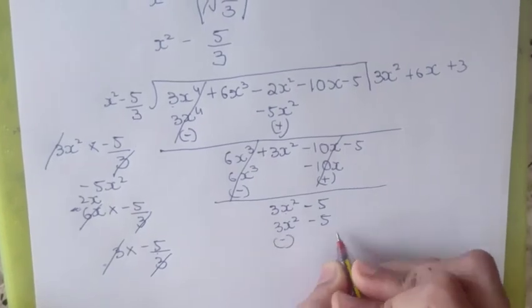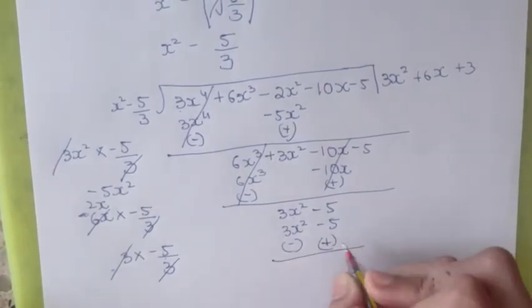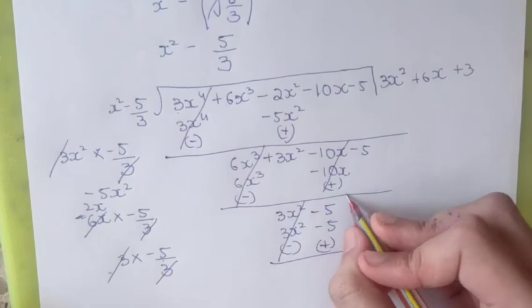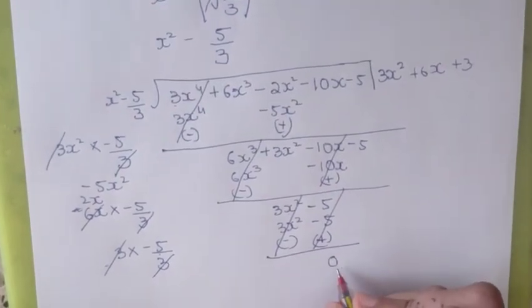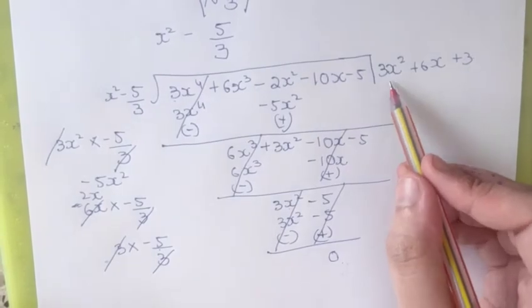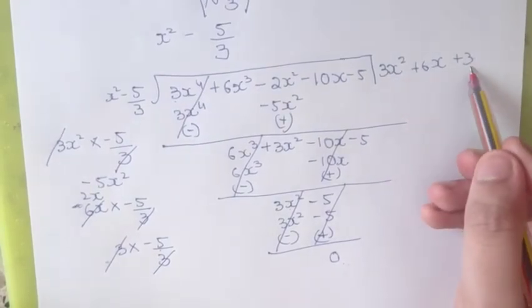Here minus and here plus, plus and minus will cancel, and here plus and minus will cancel. So here we get 0. Our quotient g of x is 3x square plus 6x plus 3.